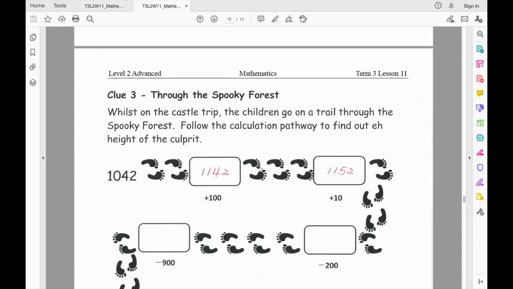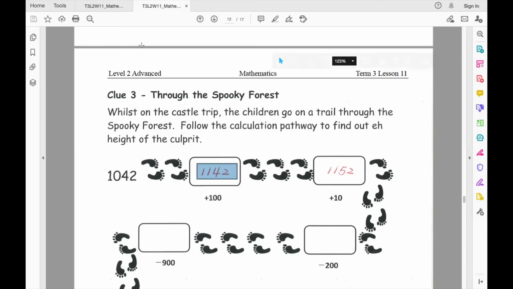Now we continue on to the next part of the spooky forest, which tells us to add 10. So adding 10 to the previous number, we get 1152. That 4 over here, we have to add a 1 there, and it became a 5. Became 50.